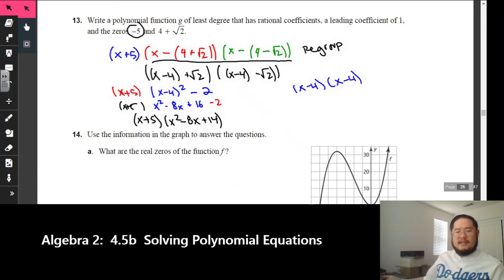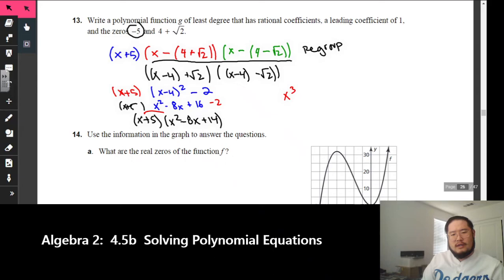And the very last thing, we're not done yet. If we want to write this as a polynomial, you have to multiply the two together. And that's something you have done earlier on. If we do this real quick, we get x to the third minus 8x squared plus 14x. And then we take the 5 and we multiply it all throughout.